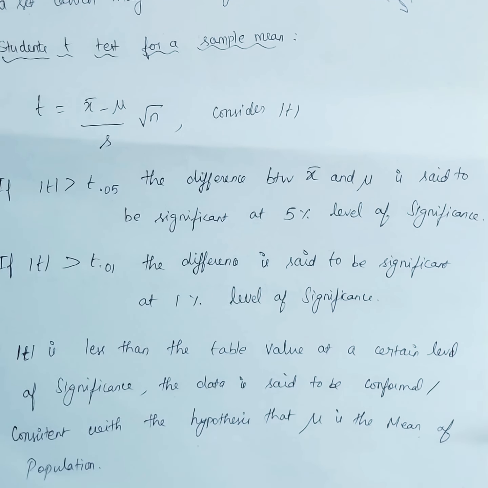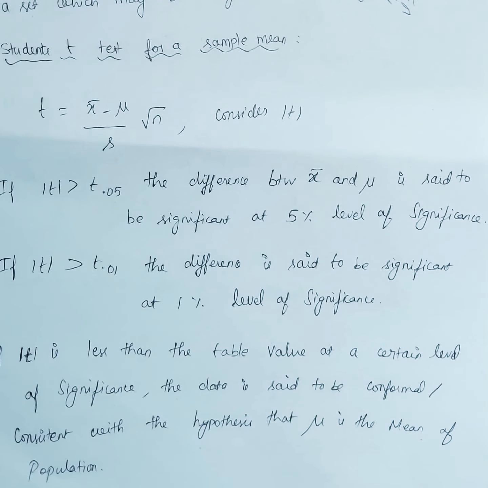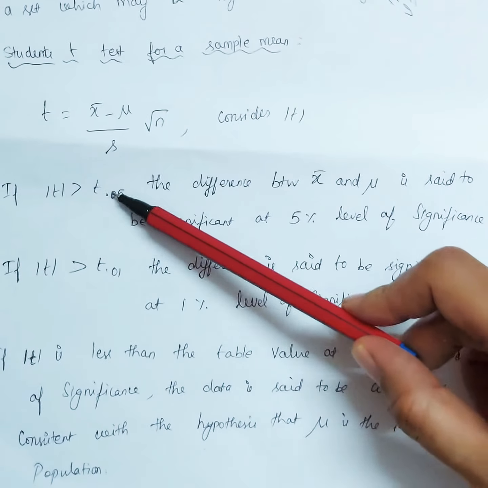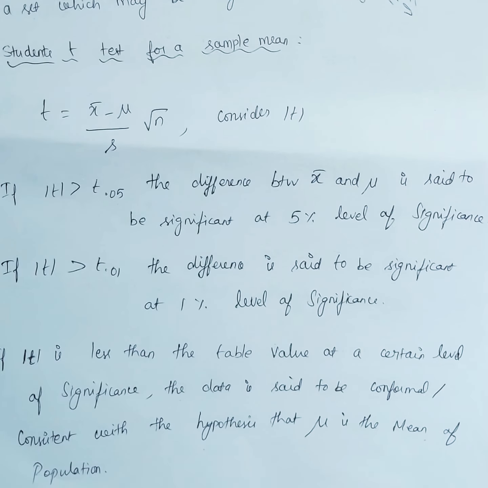When we take the modulus value, everything is going to be positive. Same as the previous ones, if the modulus value of t is greater than the t distribution value, which you will get from a tabular column, or they will give the values in the question itself, that is, if mod t is greater than t of 0.05, the difference between x bar and mu is said to be significant, so we reject the hypothesis.